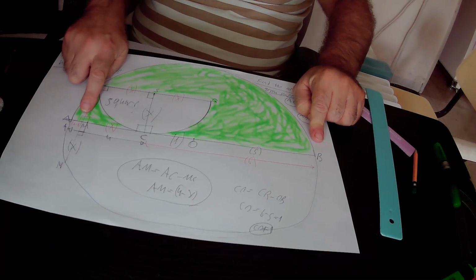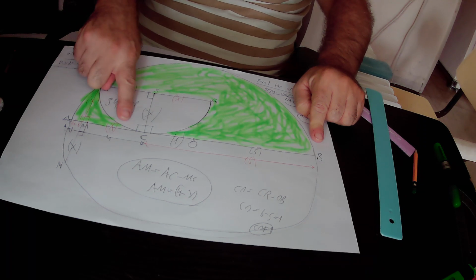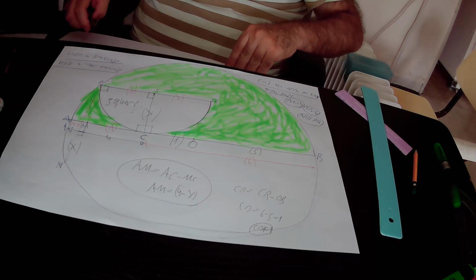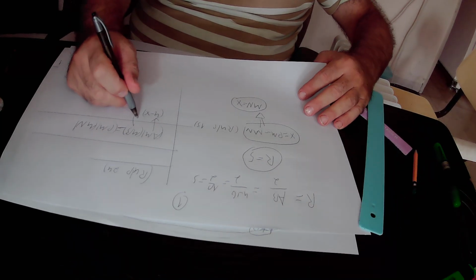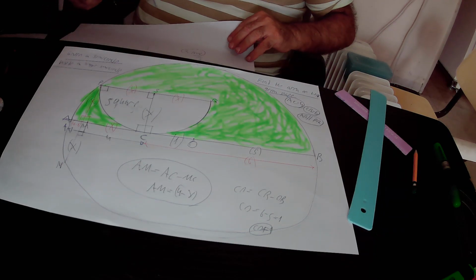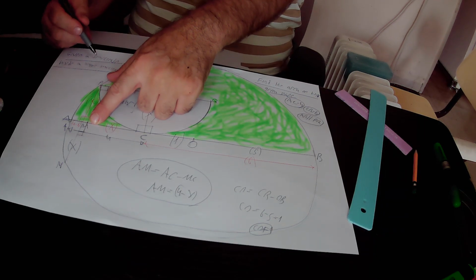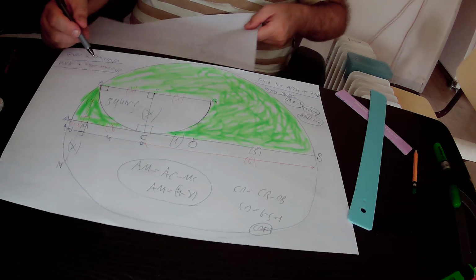So in total, MB equals X plus 6 units. And it equals PM, which is X, times MN. MN is also X, so X times X is X squared.